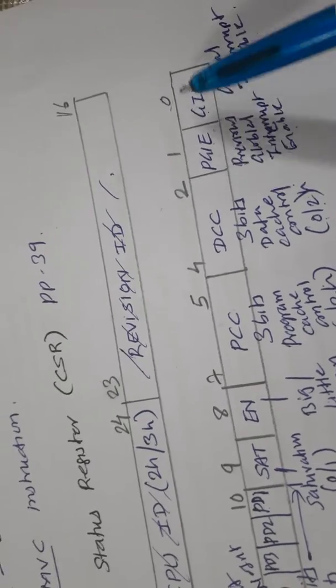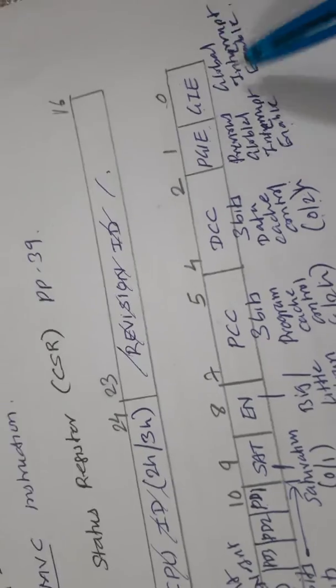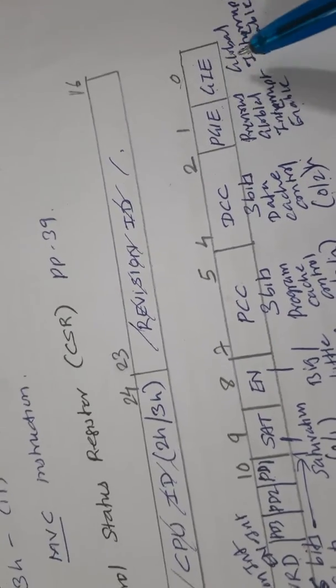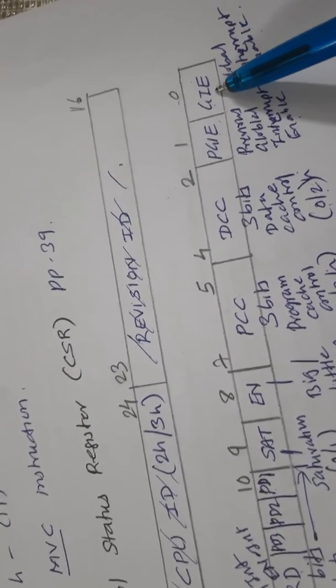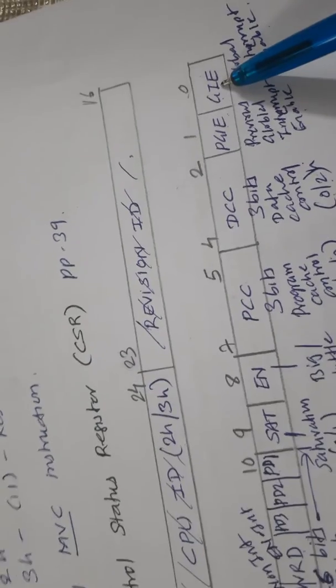Okay. And the next bit is PGIE, and the bit in 0th position is GIE. What is GIE? GIE is global interrupt enable. To enable any of the interrupts, we have to set this bit to 1. PGIE is a copy of this GIE.